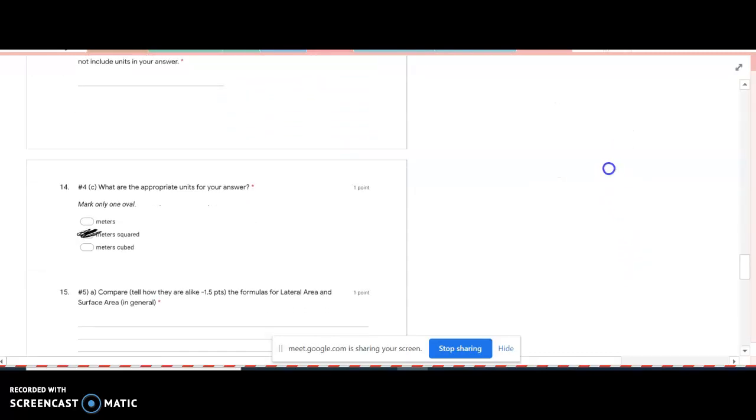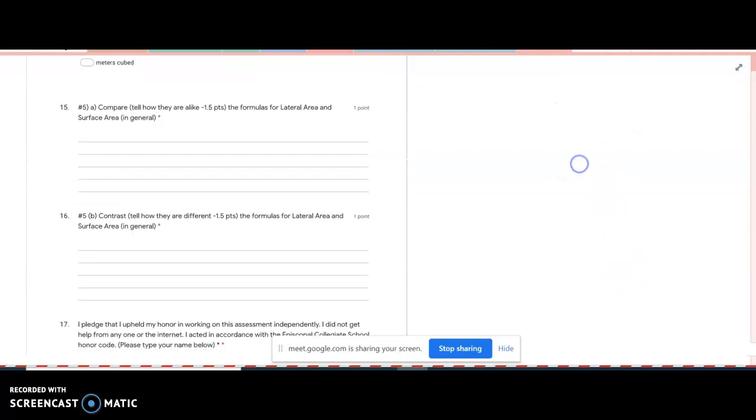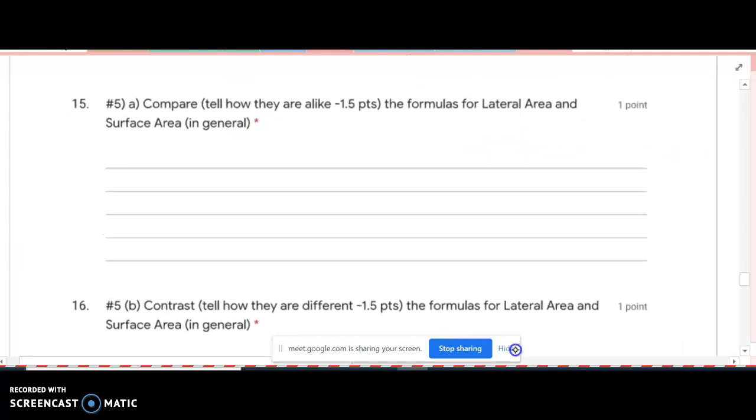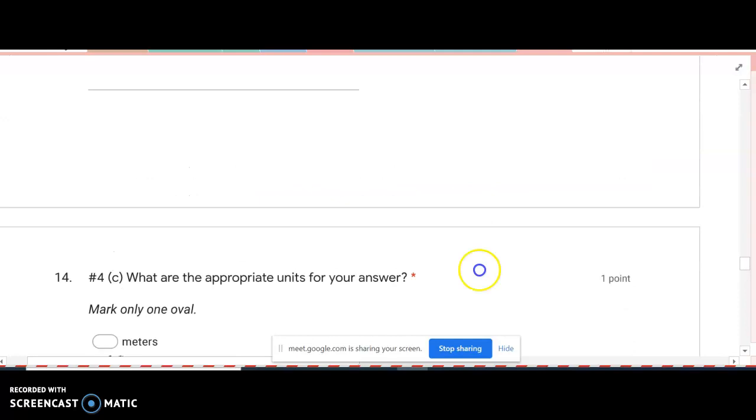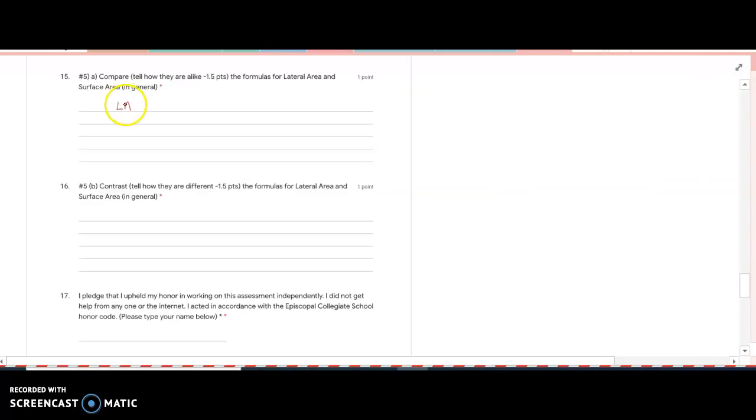Then for the last questions, tell how they're alike and tell how they're different. Well, lateral area and surface area, both of them include lateral area.